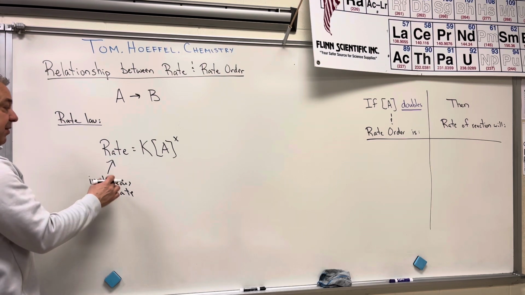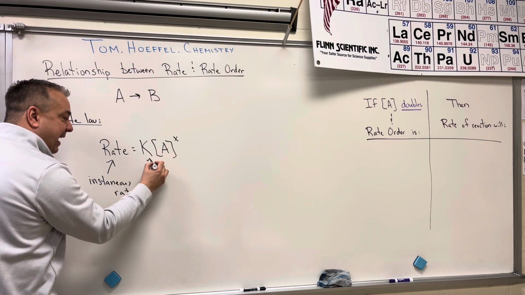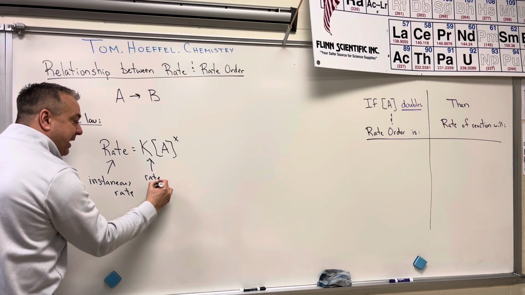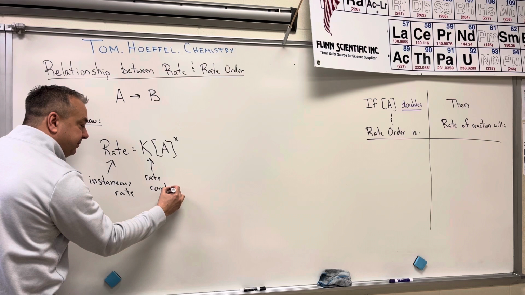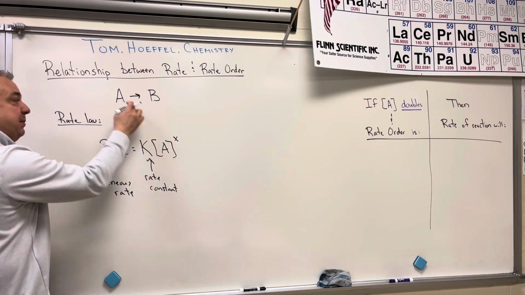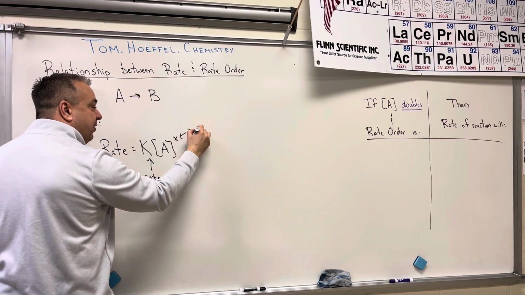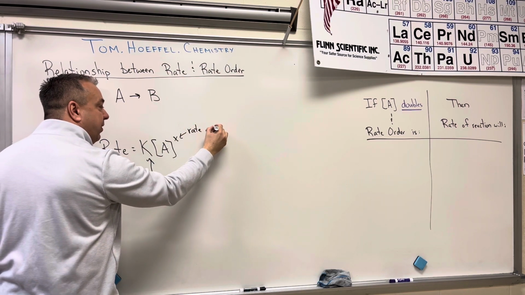This is called the rate law. This is called the instantaneous rate. K is called the rate constant. A is in brackets, so that means it's the molarity of A. And then the exponent here is called the rate order.